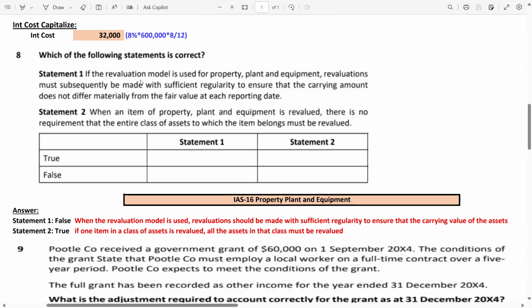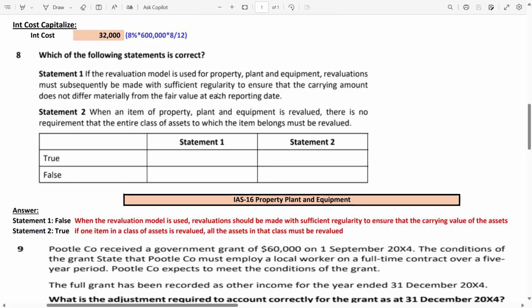Statement 1. If the revaluation model is used for property, plant and equipment, revaluations must subsequently be made with sufficient regularity to ensure that the carrying amount does not differ materially from the fair value at each reporting date. No guys, this is incorrect.